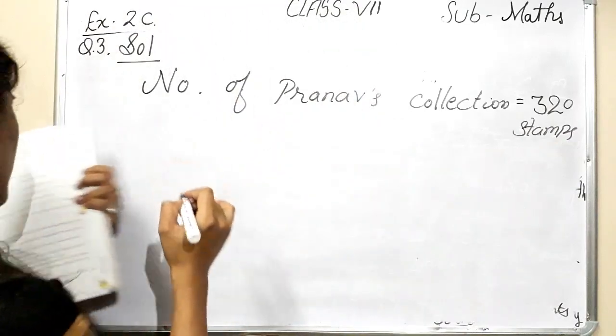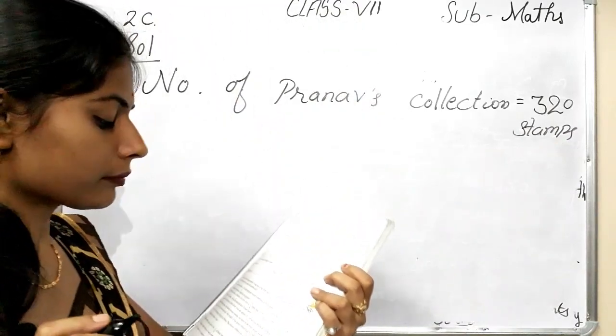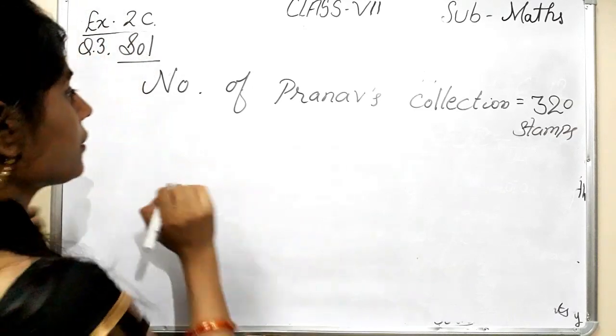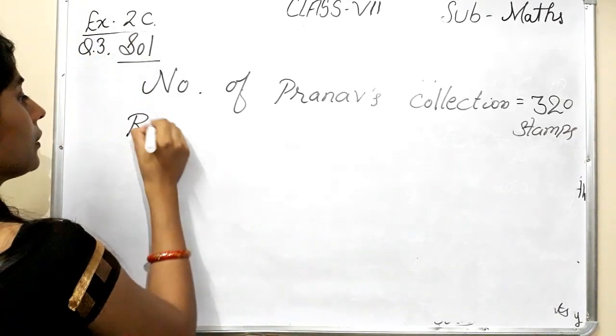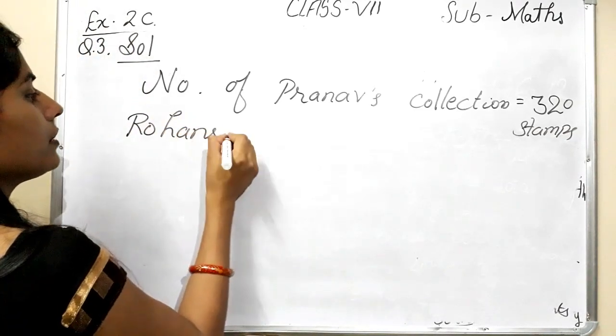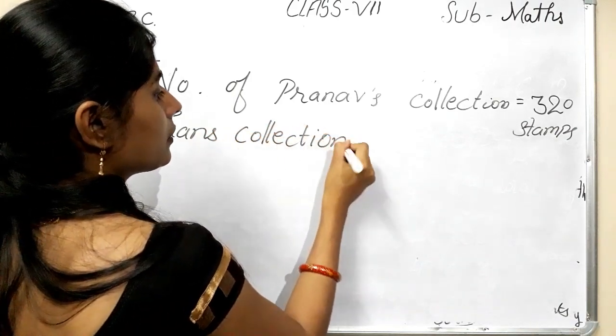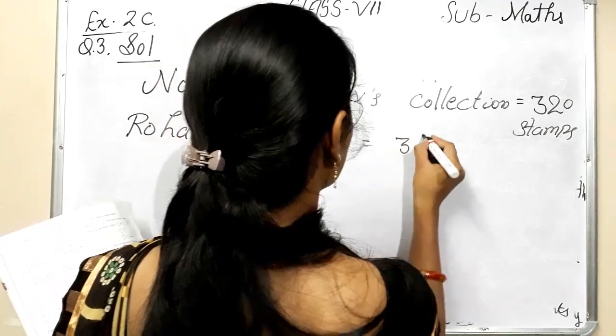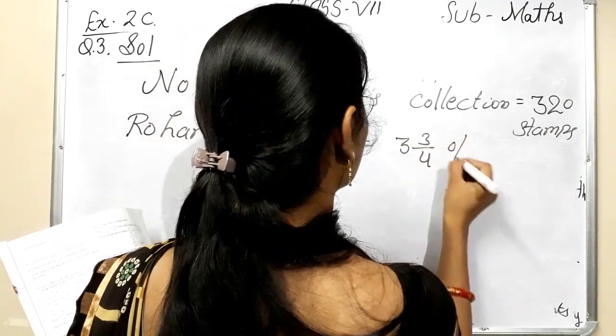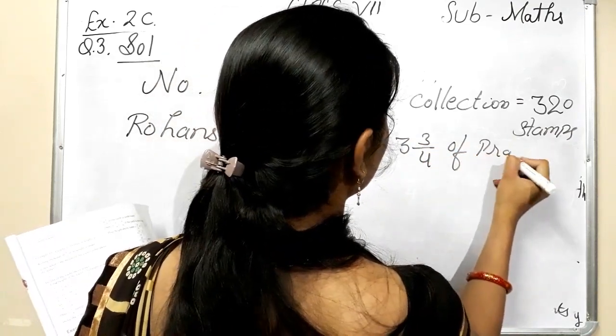Now see, his collection is 3 by 4 times of Pranav's collection. Whose collection? Rohan's collection. Rohan's collection is equal to 3 by 4 of Pranav's collection.